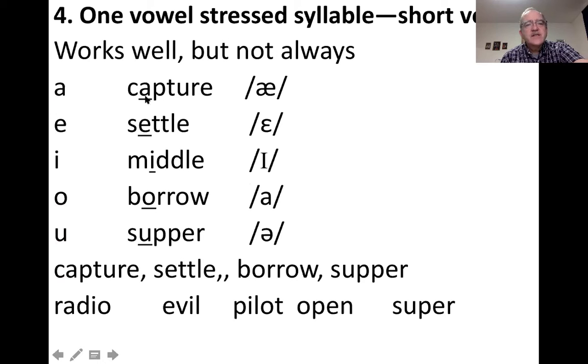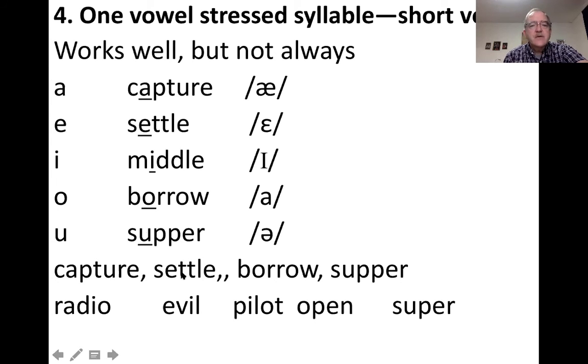Capture, the stress is on cap, and so you need the short a. The stress is on settle, so you need the short e. The stress is on middle, so you need the short I. The stress is on borrow, so you need the short o. The stress is on supper, so you need the short sound. All right?